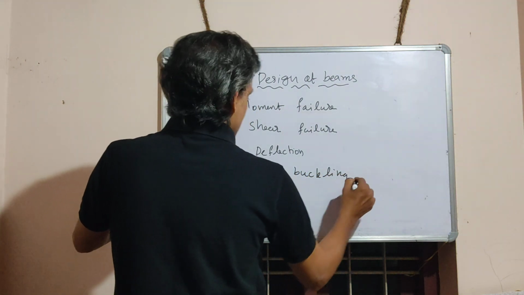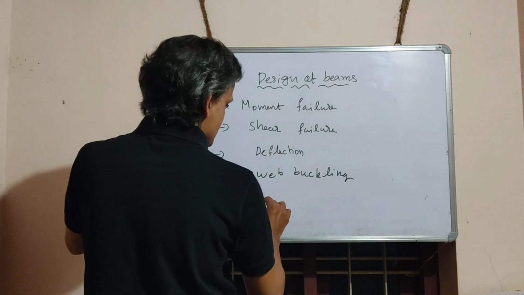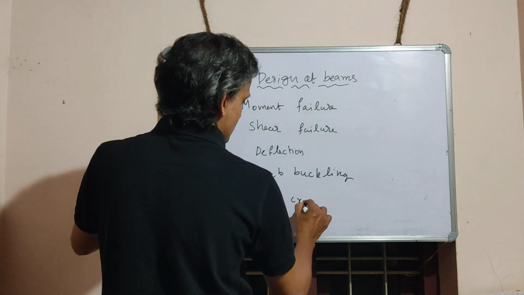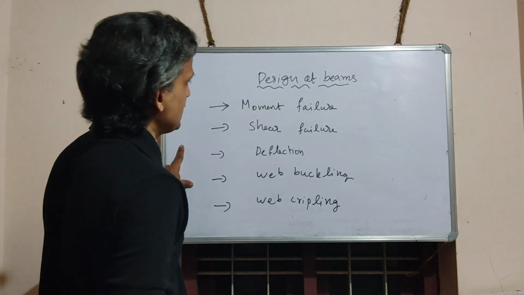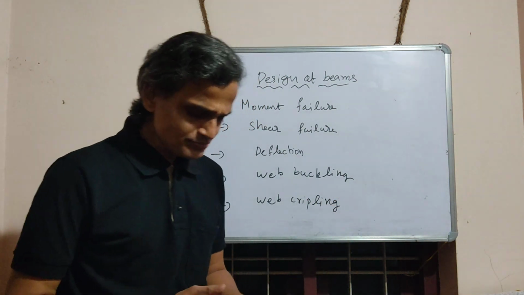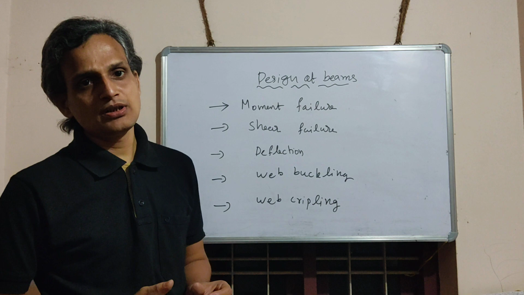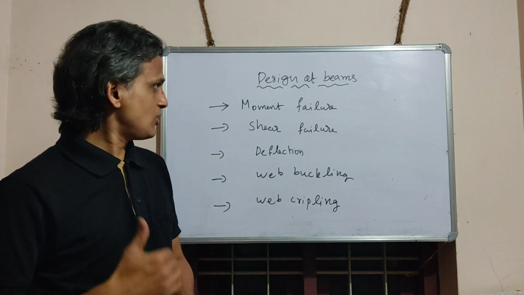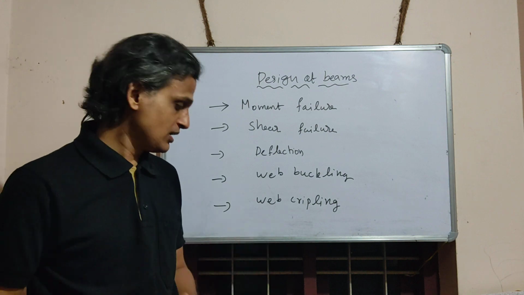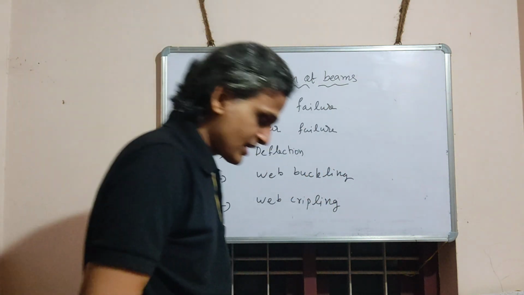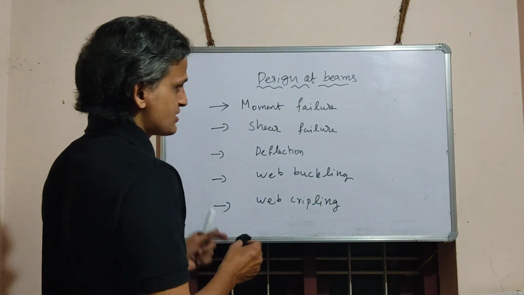And last one is web crippling. These are the 5 failure modes of a steel beam. Let us discuss all these points one by one and understand the main theories or ideas behind them.